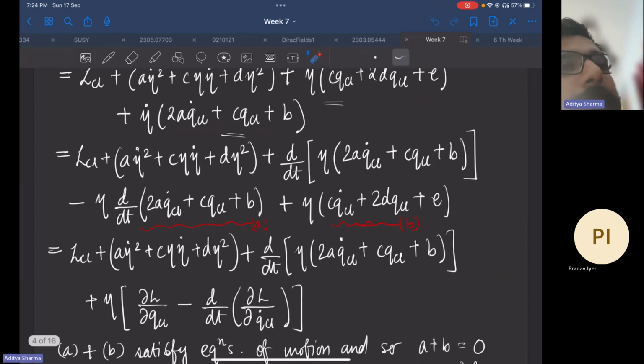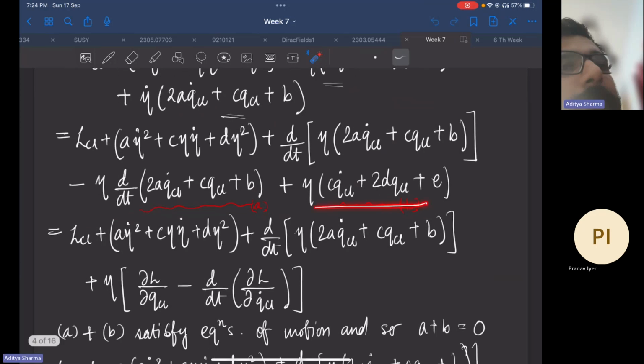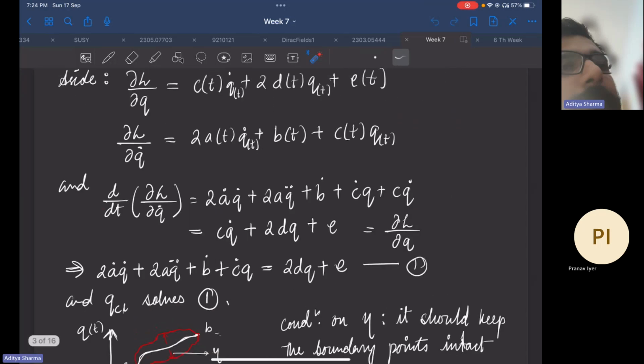Now this term I will write together. That is d/dt of this thing. So I have taken eta common, and it is d/dt of this thing plus this thing minus d/dt of this thing. And this is nothing but this equation of motion, because our equation of motion was, what was it?